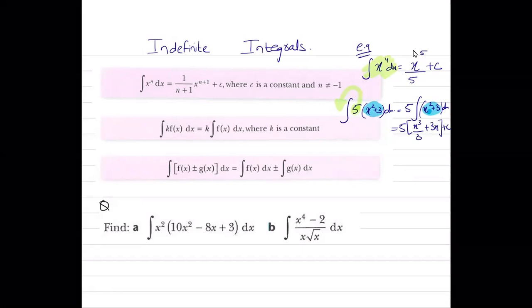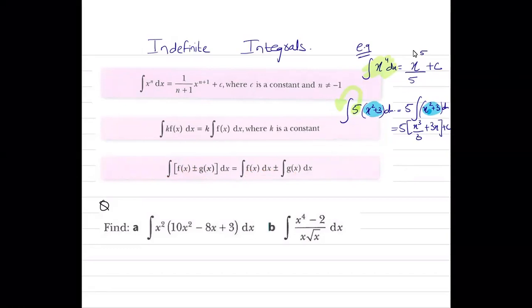Yeah, sir. If you have two functions being added or subtracted together, and you are being asked to find the integration of the sum or the difference of the functions, it is the same as saying integration of the functions individually.